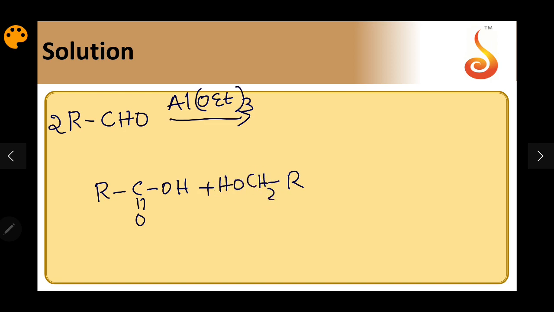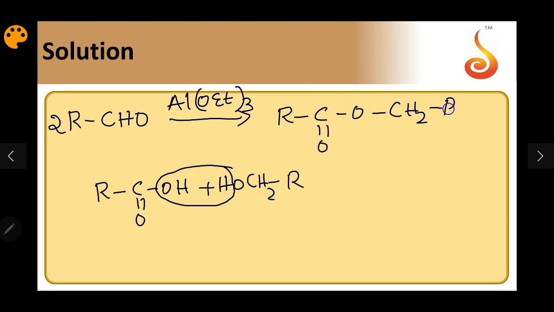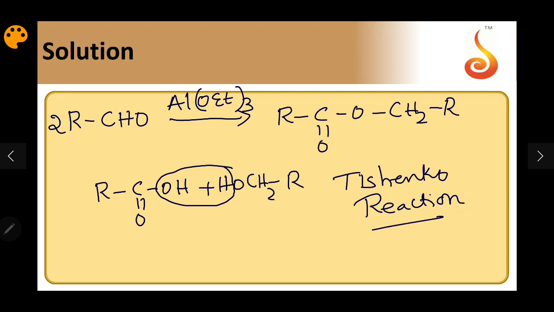So, the actual product is the ester of these two. So, the compound should be RC double bond O, OCH2R. This is the Tishchenko reaction. This is the general concept of the Tishchenko reaction. So, the acid and alcohol are actually not formed. It directly forms the ester as the product. This is just a logical approach that I have given to write the product.